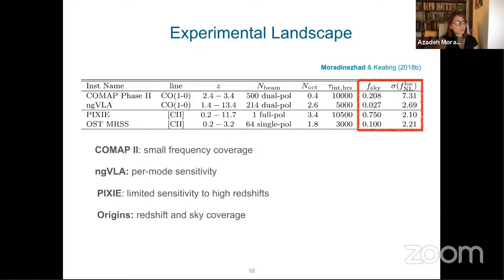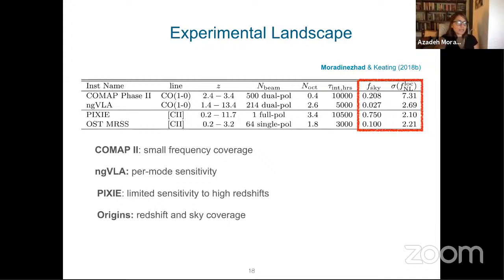We would look at survey specifications like COMAP phase 2 or something like next generation VLA for the CO line, and something like PIXI or Origin Space Telescope for C2. And as you can see, the issue is that all of these surveys have limitations. For instance, COMAP2 has a small frequency coverage, while VLA has low pair mode sensitivity.